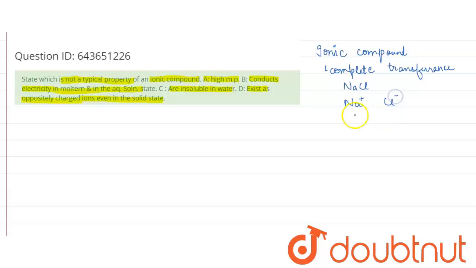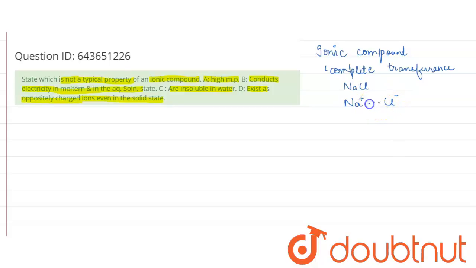Let us first understand what are ionic or electrovalent compounds. Ionic or electrovalent compounds are formed by complete transference of electrons, unlike the covalent compounds in which sharing occurs. For example, NaCl is formed by Na+ cations and chloride anions. Sodium loses an electron and chlorine gains an electron.